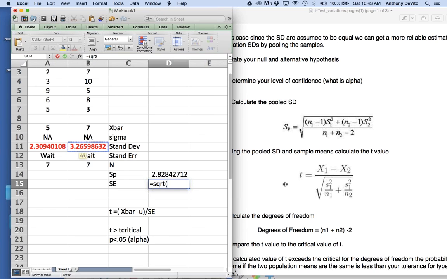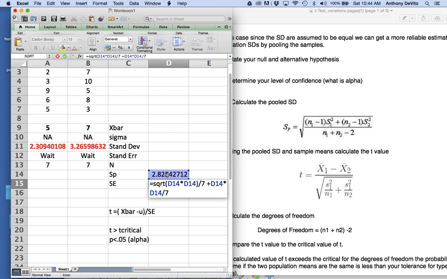That's going to be equal to our standard error times itself divided by, I'm going to put that in parentheses, divided by the sample size, which is 7. And I'm going to add that to our pooled standard deviation times itself over the second sample size.